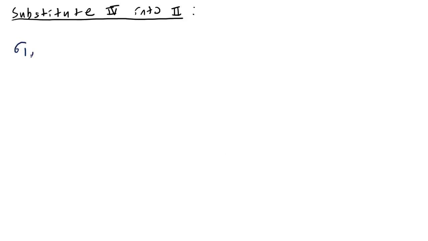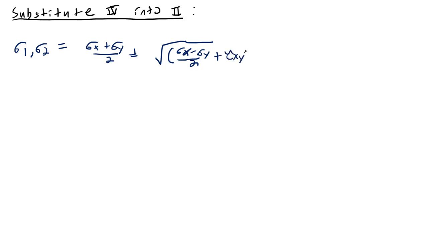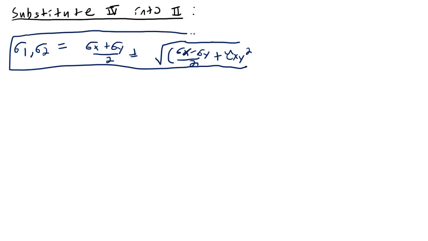Sigma 1, sigma 2 equals sigma x plus sigma y over 2 plus or minus the square root of sigma x minus sigma y over 2 squared plus tau xy squared. And this will be equation 5 for our derivation purposes. This is equation 5, or it's equation 9-5 in the Hibbeler.